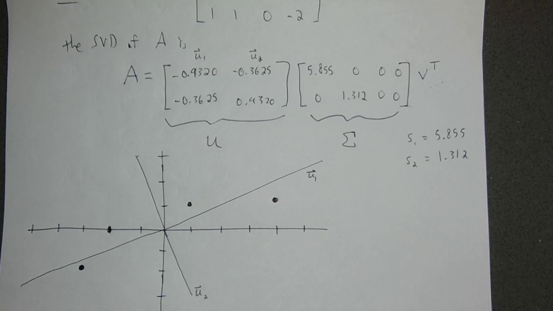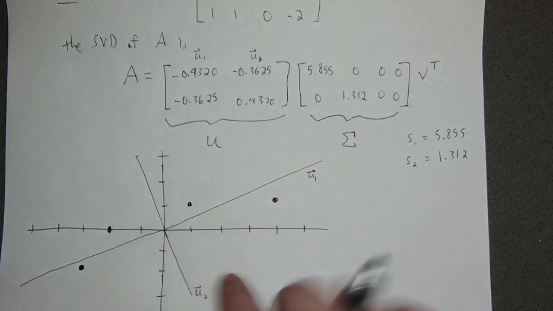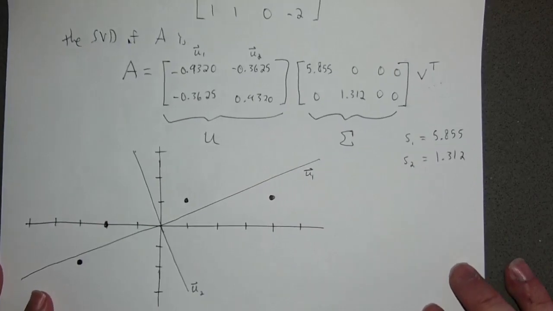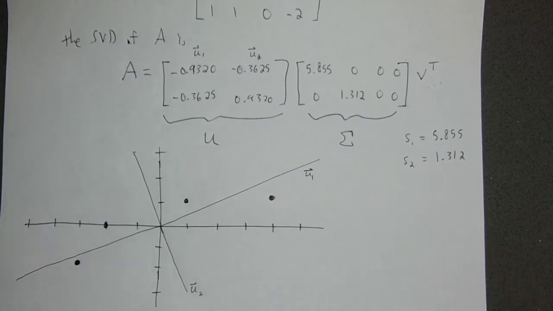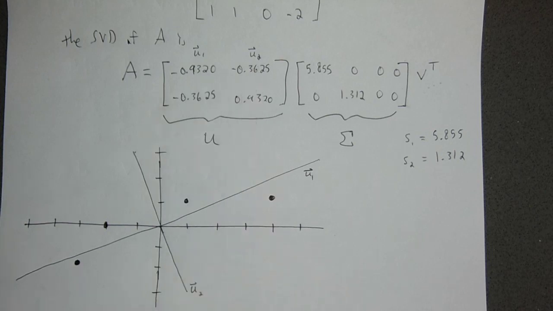Here's the line determined by u sub 2. Okay, so there's my eigenaxes, if you like, right? So looking at this picture, I have these two lines determined by u sub 1 and u sub 2. Here are my data points from A. What does it look like the geometric significance of u sub 1 and u sub 2 are?